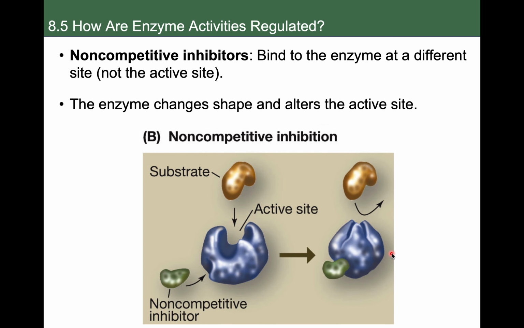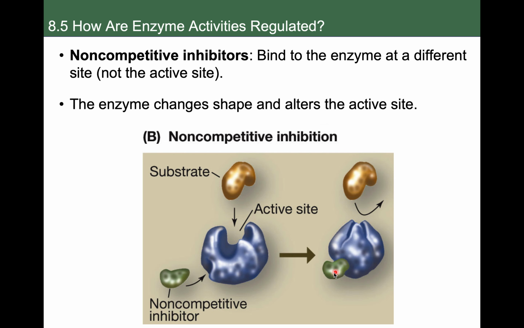Non-competitive inhibition would be a situation like this, illustrated here, where the inhibitory molecule binds to the enzyme, but it does not bind to the active site. And you might think, well, okay, if it's not binding to the active site, then no big deal, right? How can it prevent the enzyme from working? And the way it would do that is, as you see here, it will cause a shape change in the enzyme when it binds.